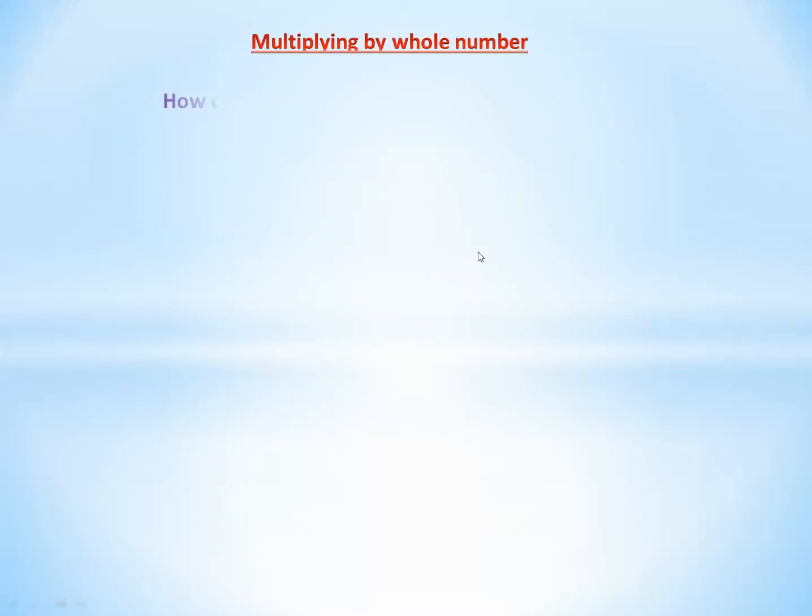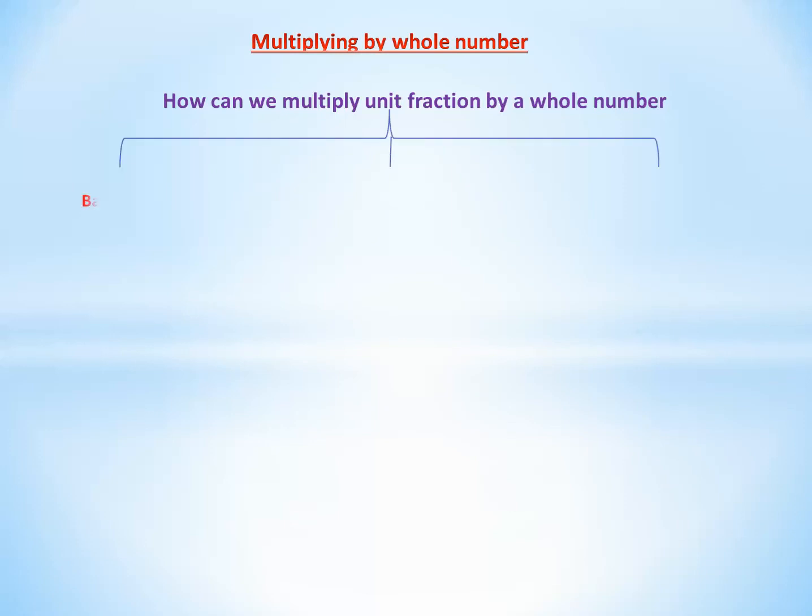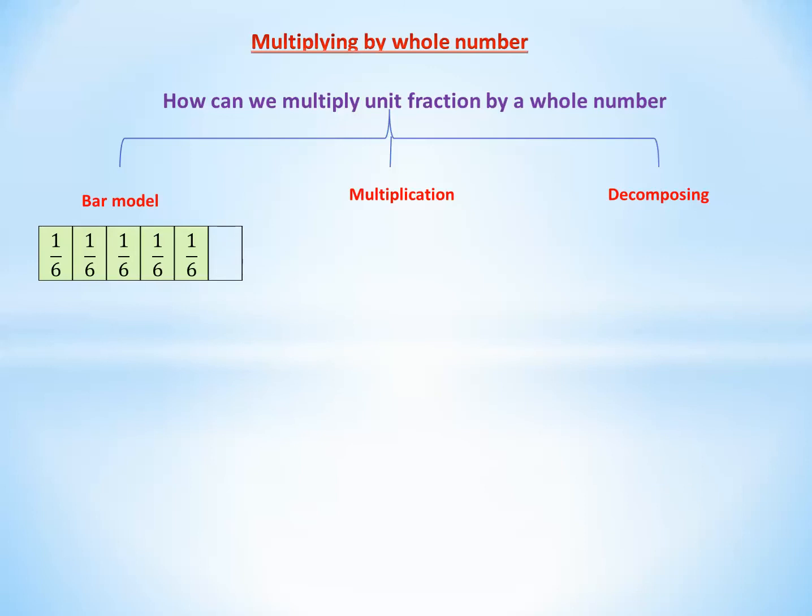Multiply by a whole number. How can we multiply unit fractions by a whole number? We have 3 methods. One of them is the bar model, second the multiplication model, third decomposing. Okay, bar model: if I want to express 5 over 6 by a bar model, we draw 6 equal parts and shade 5 parts.